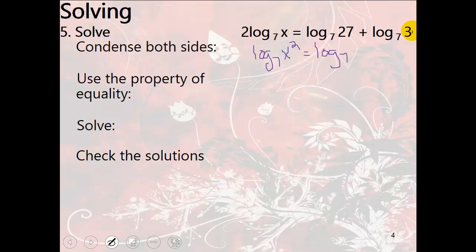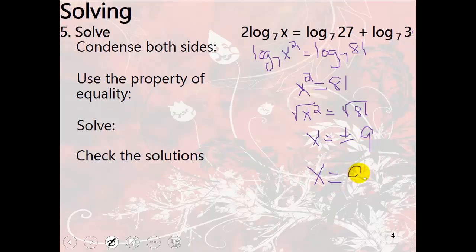So I'm going to multiply these two and I get 81. Now my bases are the same, so I set my inputs equal to each other. So when I solve that by taking the square root of both sides, I get x is equal to plus or minus 9. And when I check those two solutions, my only solution that works is x equals 9.